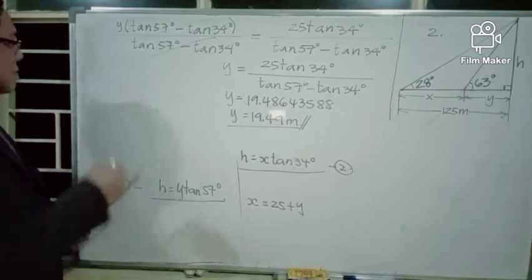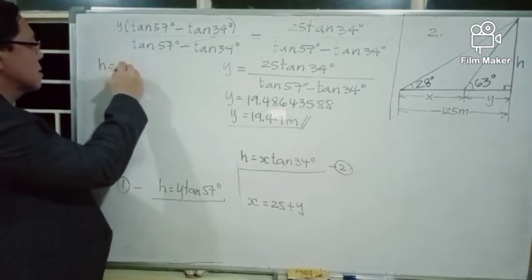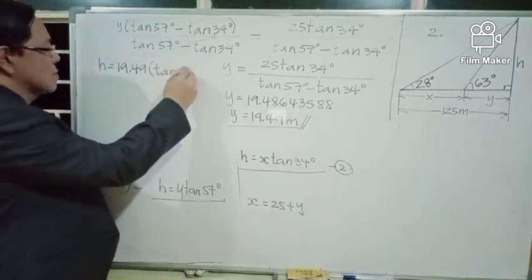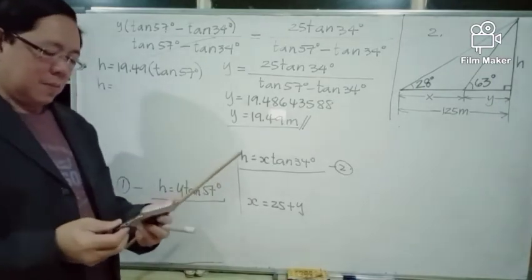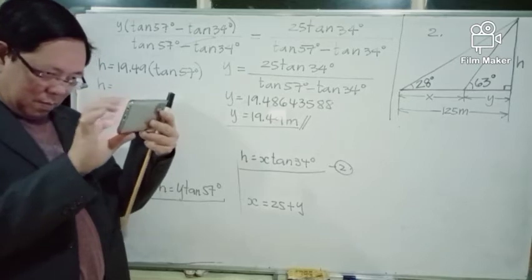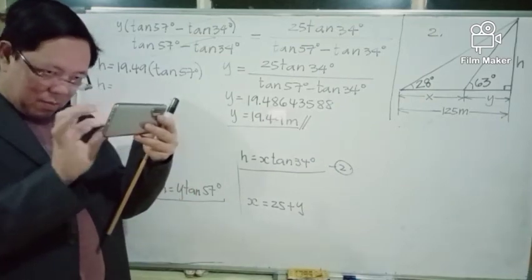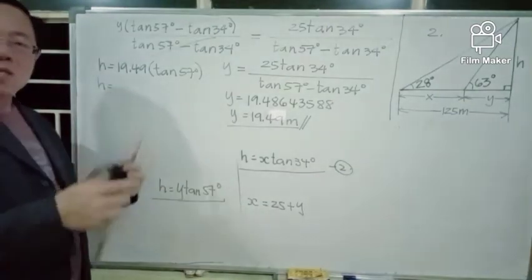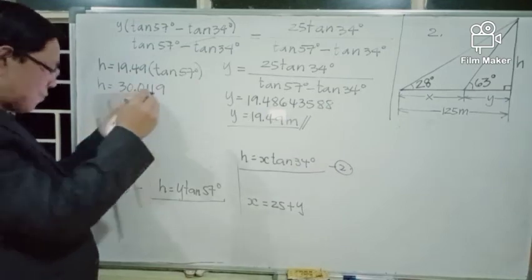We have h equals 19.49 multiplied by tangent of 57 degrees. You should get 30.0119681447.